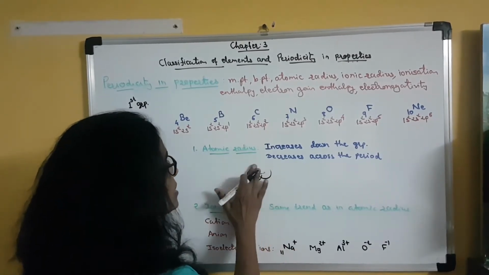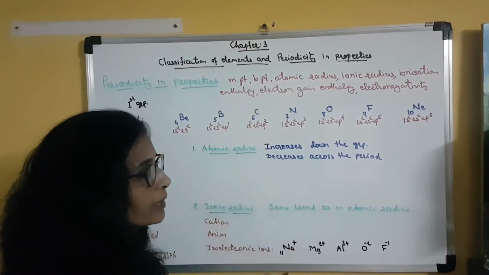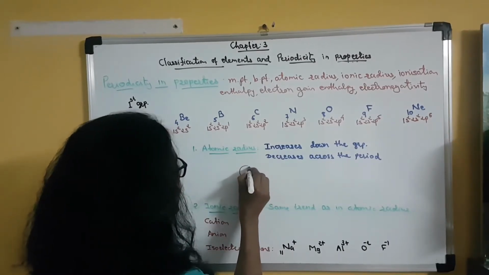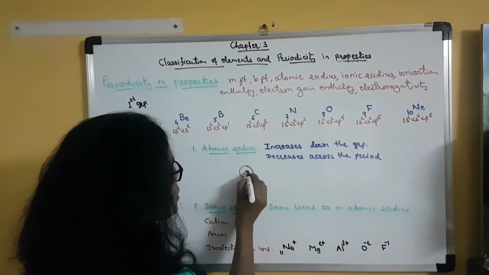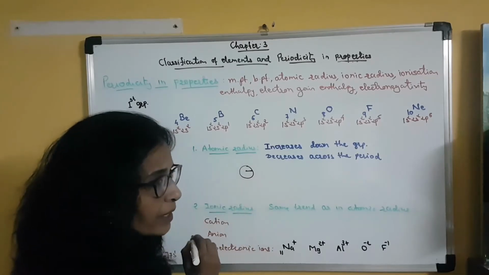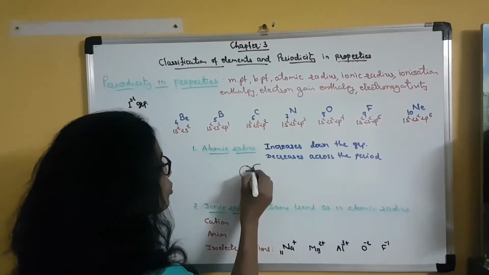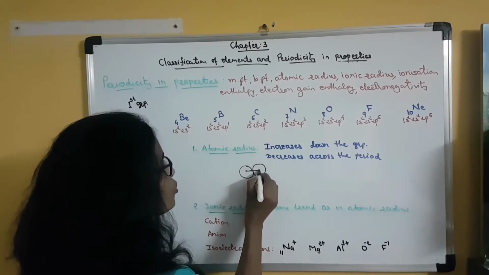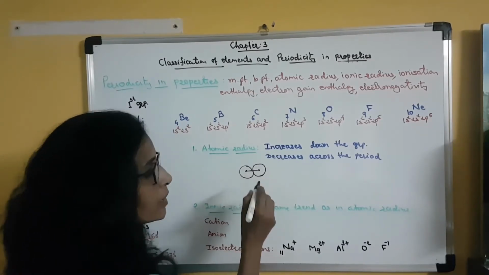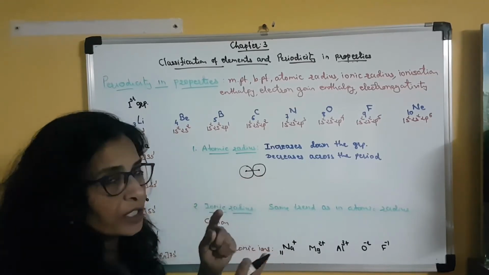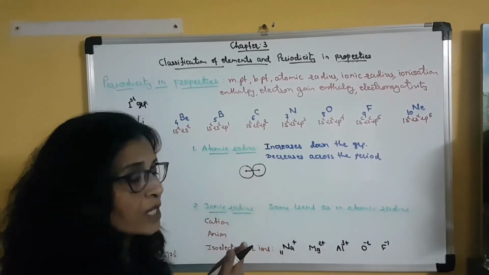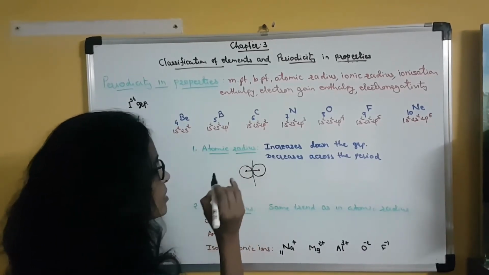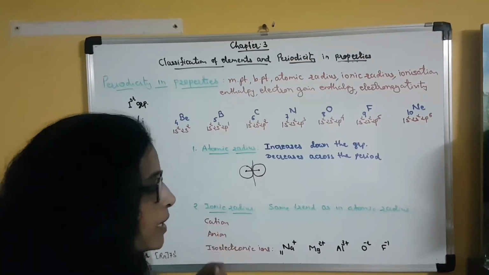But suppose we have a metallic element. In a metallic element we consider a single atom and its nucleus. So this is the radius. Now in a metallic element the atoms are arranged like this. They are very close to each other. The distance between the nuclei of two such atoms is called the internuclear distance, and half of this distance is considered the metallic radius.